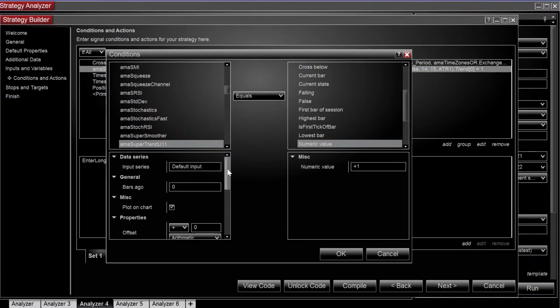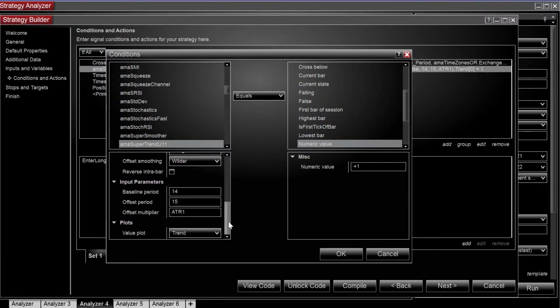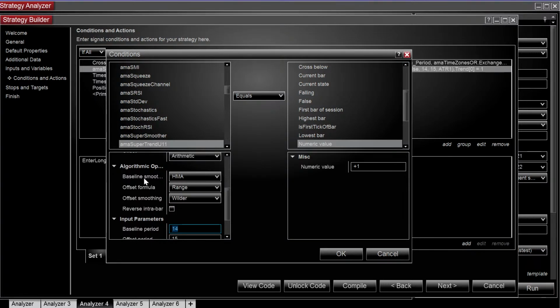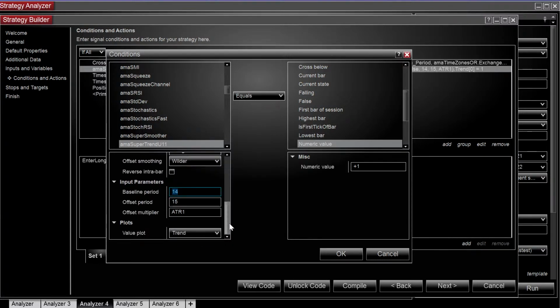We have the SuperTrend. Set the baseline to 14. Baseline smoothing, HMA, offset formula, range. Make sure all these look how it looks on here. Trend value plot equals +1.